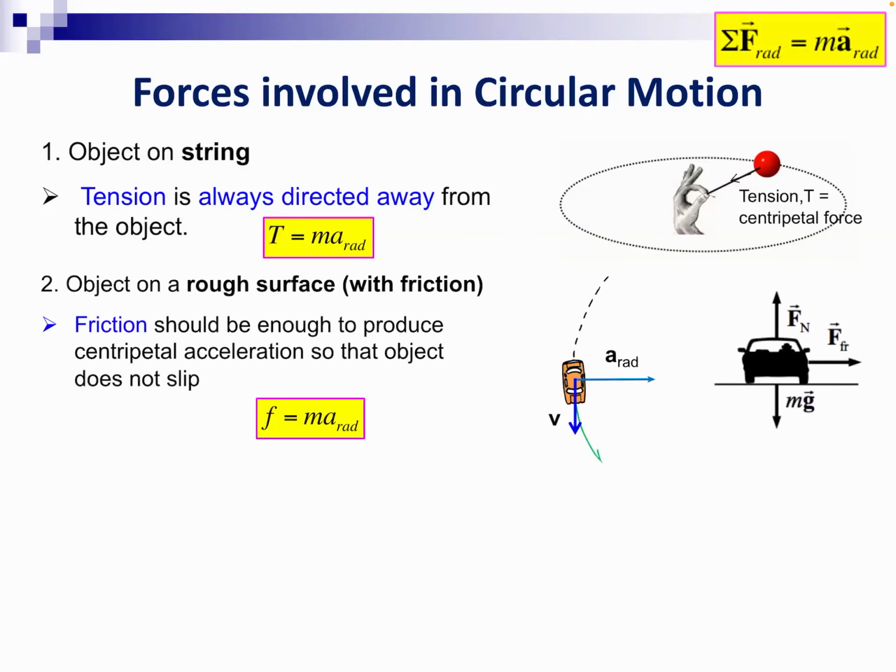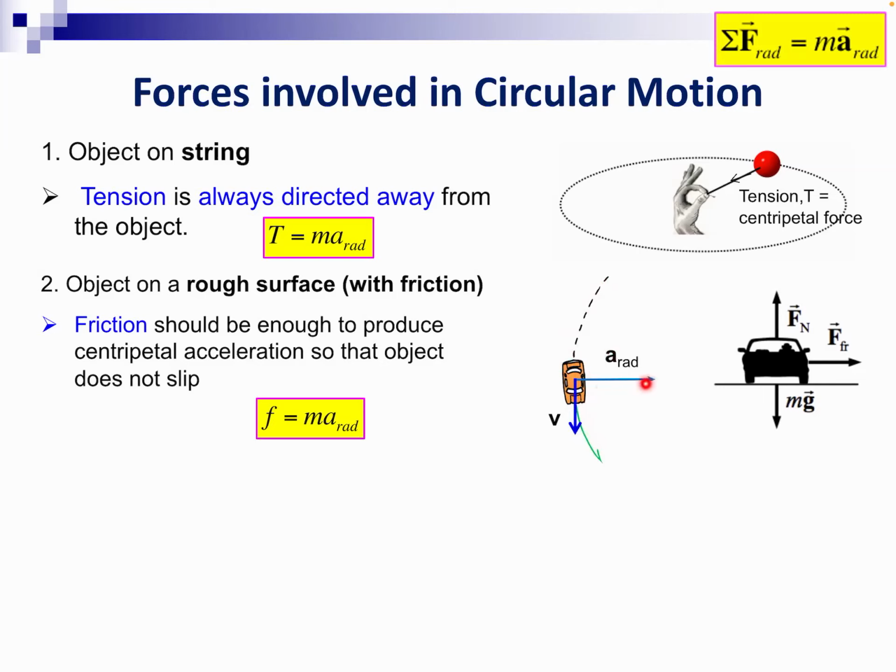We'll also encounter scenarios where an object is on a rough surface, meaning there's friction present. If the object moves in a circular path on a rough surface, we need to figure out what the centripetal or radial force is that will cause this object to have this radial acceleration.